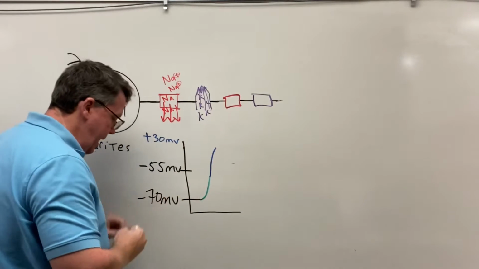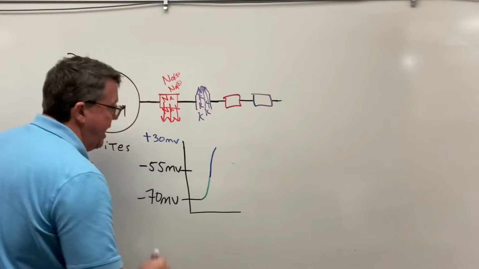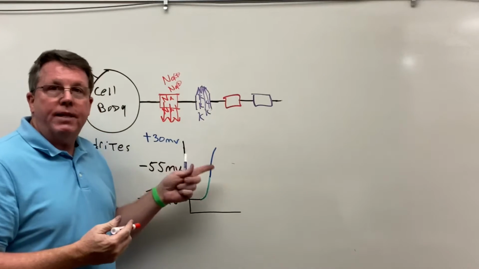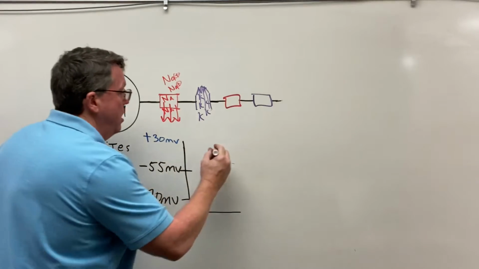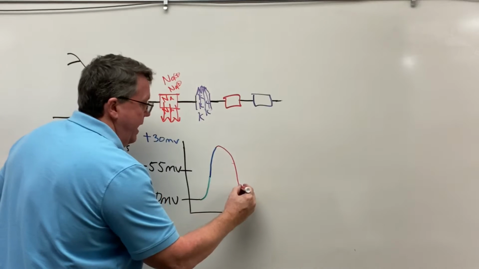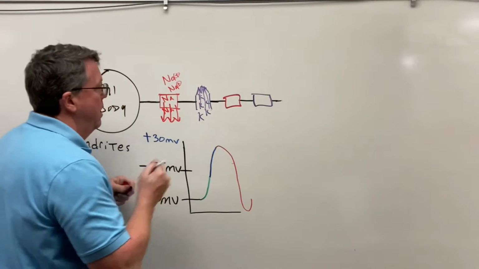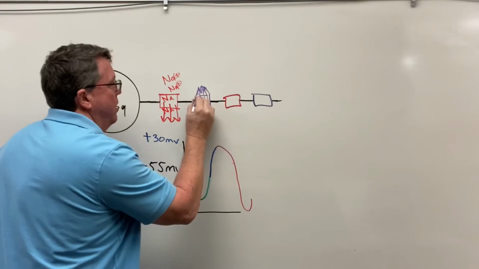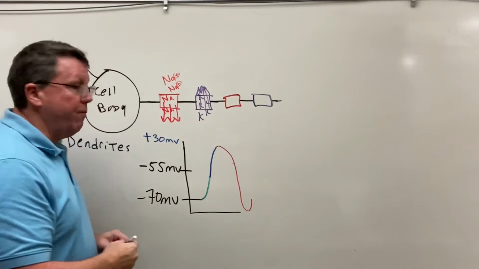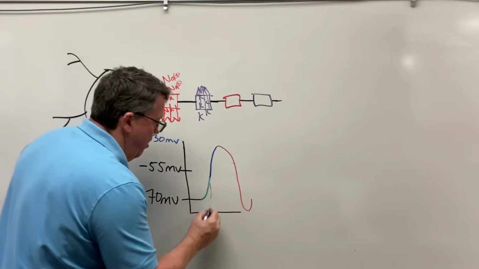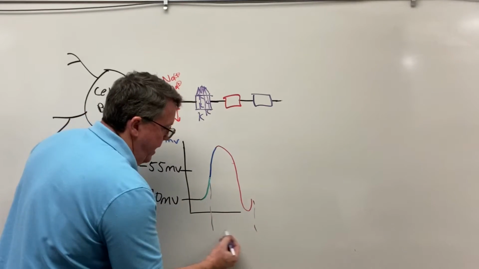Because potassium's rushing out and potassium's positively charged, this starts to go down negative again, and then it goes to hyperpolarization, cuts back to the resting membrane potential, and this closes. And then if you recall, we said we had our refractory period in this time here.